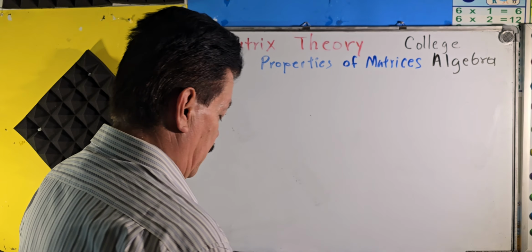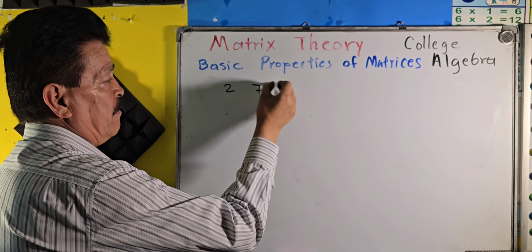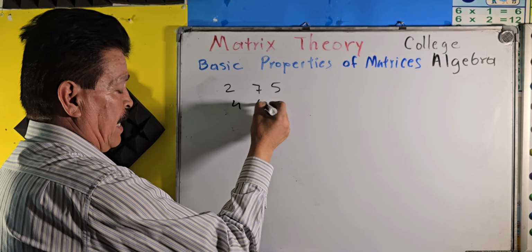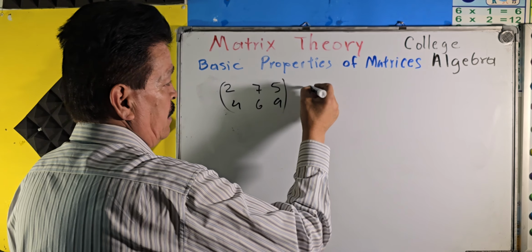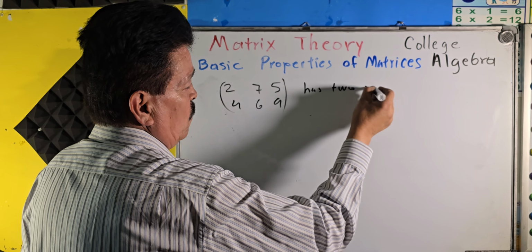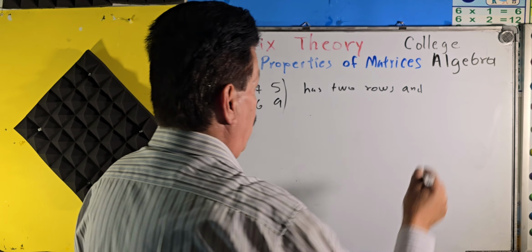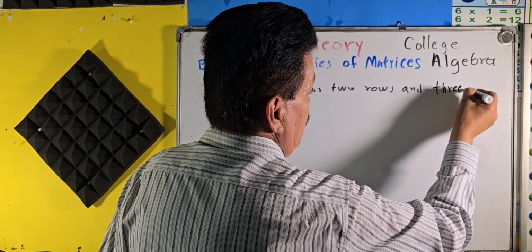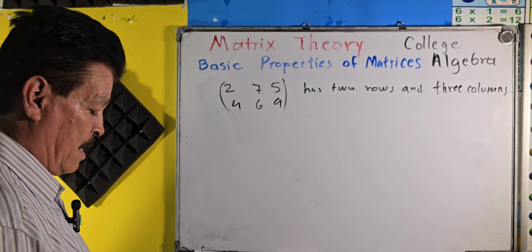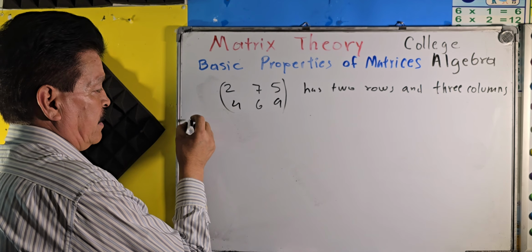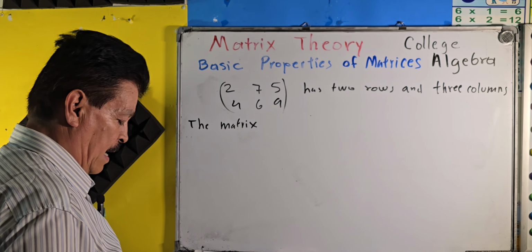For instance, if we have this matrix, 2, 7, 5 and 4, 6, 9, this matrix has two rows and three columns. Let's talk about another example.